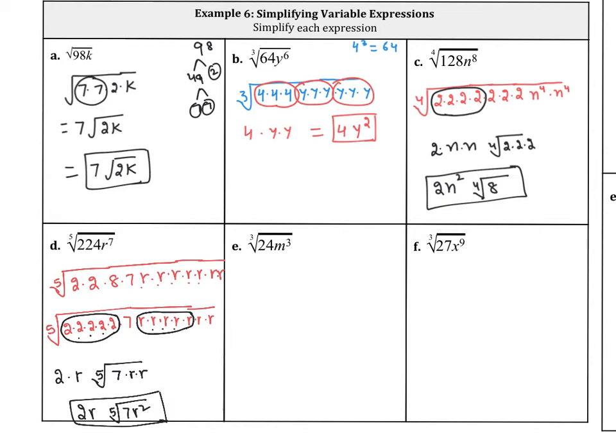For letter E, you're going to find the cube root of 24m cubed. So you're going to factor the 24 into prime factors. So that's going to be 2 times 2 times 2 times 3 and m to the third. This makes a group of 3, so one of the 2's comes outside.